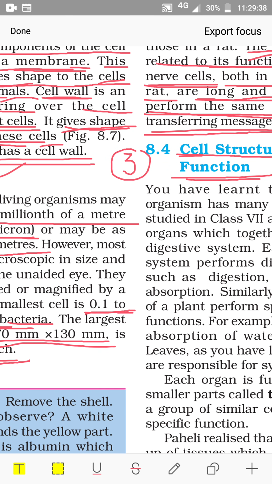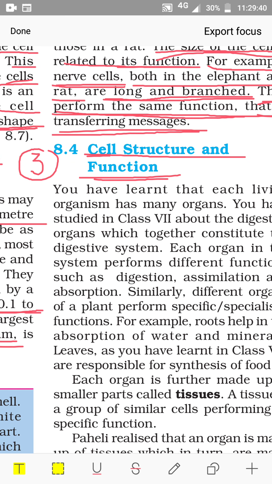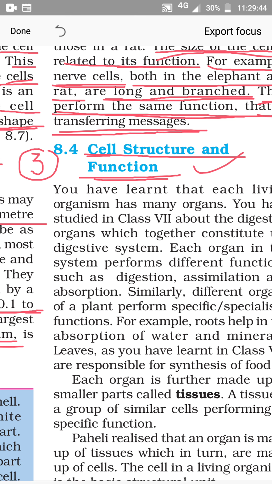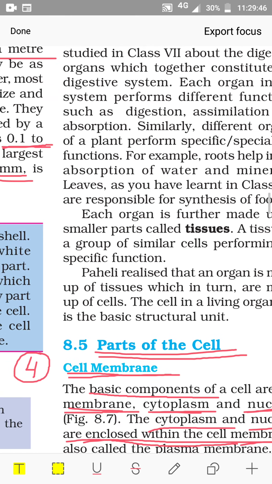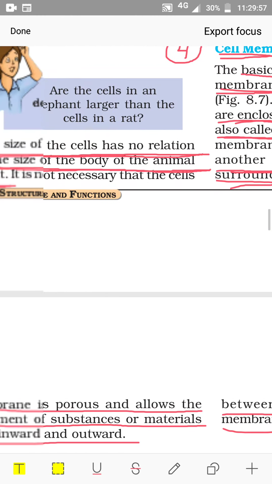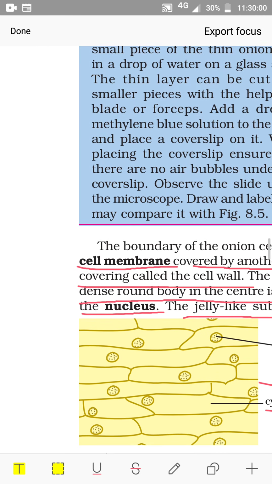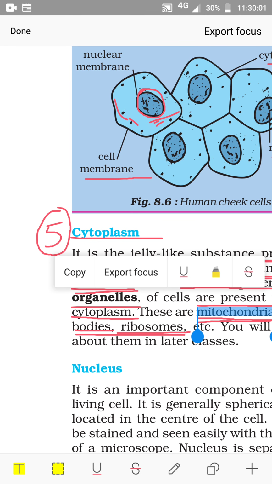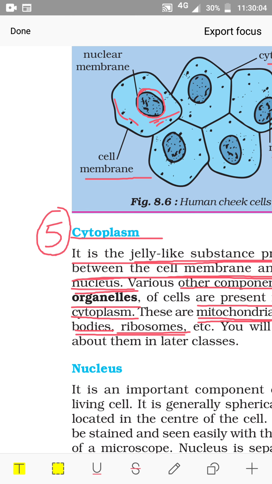Then third, we read about the cell structure and function. Fourth, we read about the parts of the cells. Out of these parts of the cell, we discussed about the cell membrane and the cytoplasm. Today up to this much.